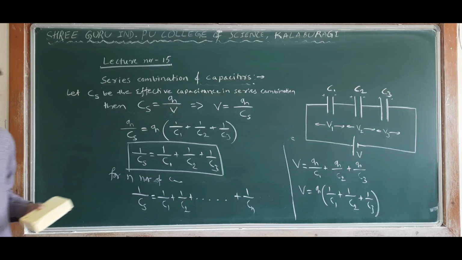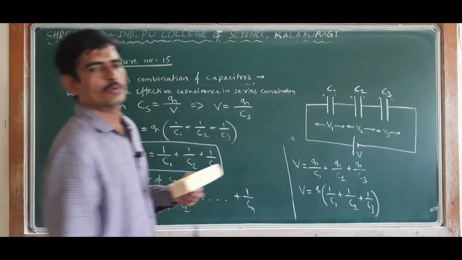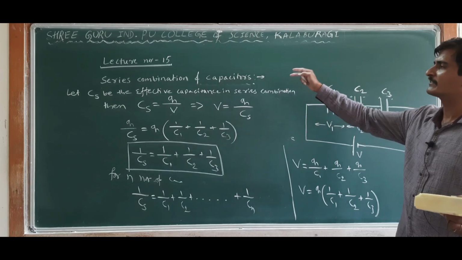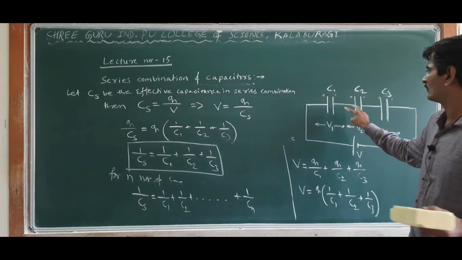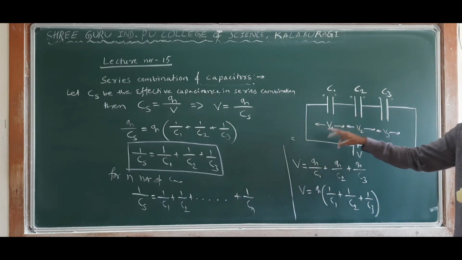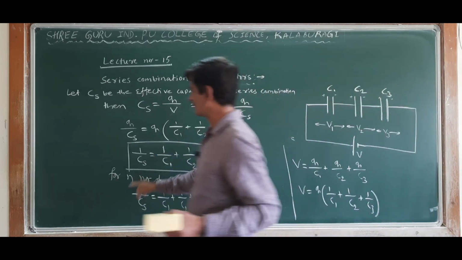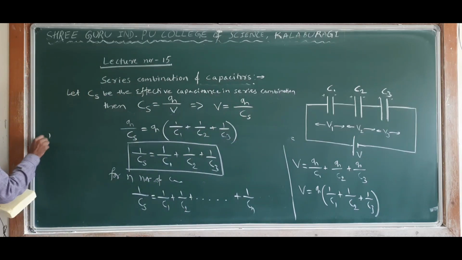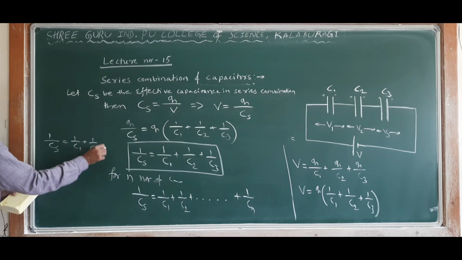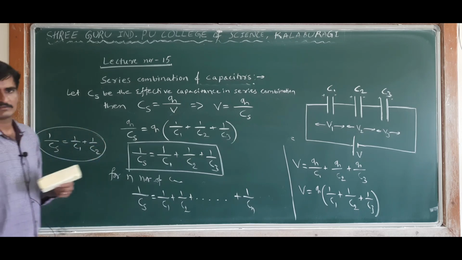So if they ask in the exam only for 2 capacitors, derive the expression for series combination of 2 capacitors, then only take 2 capacitors. Don't take the third one. We will get the answer as 1 by Cs is equal to 1 by C1 plus 1 by C2. This much only with the answer. Understood?